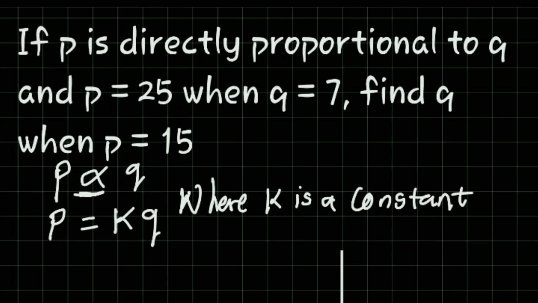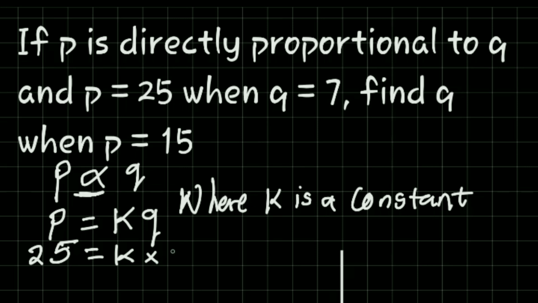And so it says P is 25 when Q is 7. So with this equation, we can obtain an equation in terms of P and Q. Once we find that equation in terms of P and Q, then we can use that to solve all other types of problems. And so P is 25.